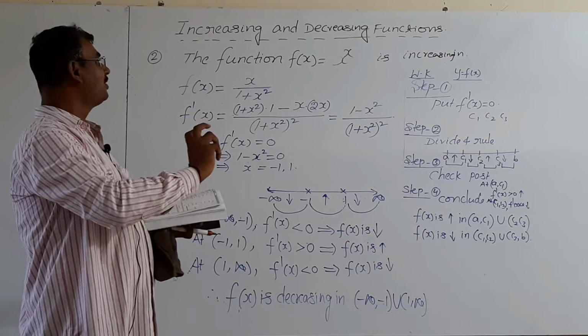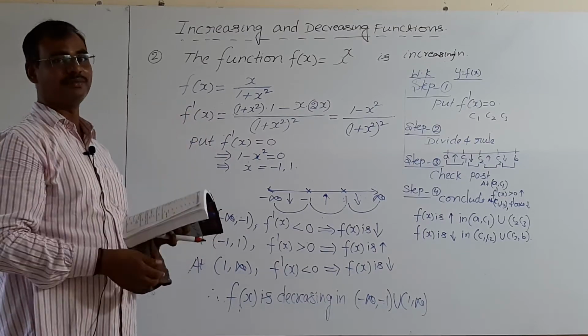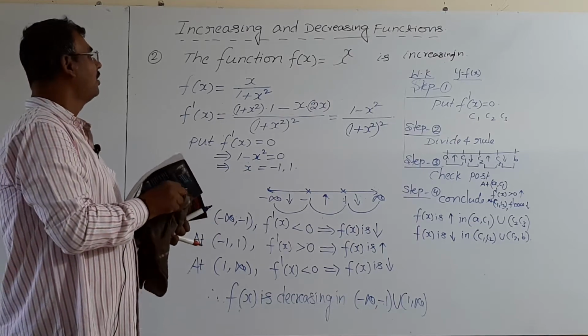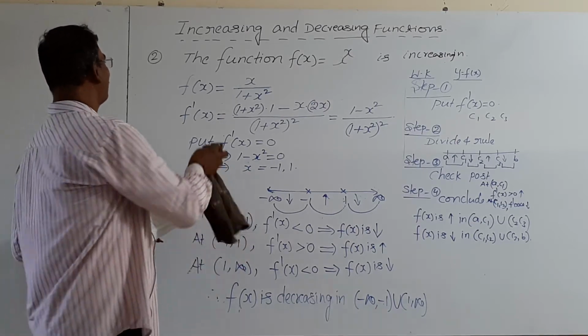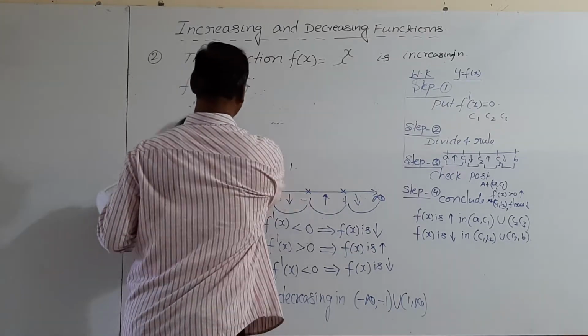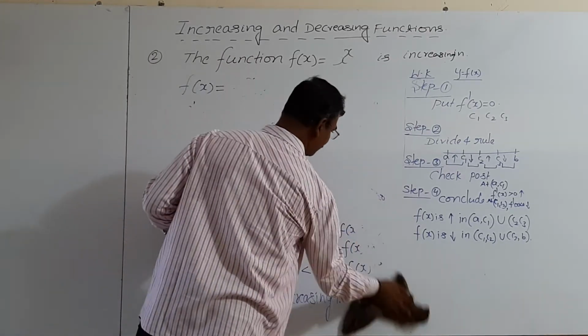So the problem only changed here, the model is the same. Increasing, decreasing models. So we have to solve a number of questions today. So question number 3 this is. Third question, model same.